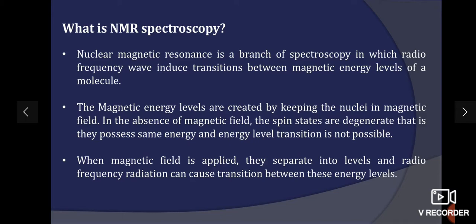The magnetic energy levels are created by keeping the nuclei in a magnetic field. In the absence of a magnetic field, the spin states are degenerate. That is, they possess the same energy and energy level transition is not possible. When a magnetic field is applied, they separate into two levels, and radio frequency radiation can cause transitions between these magnetic energy levels.